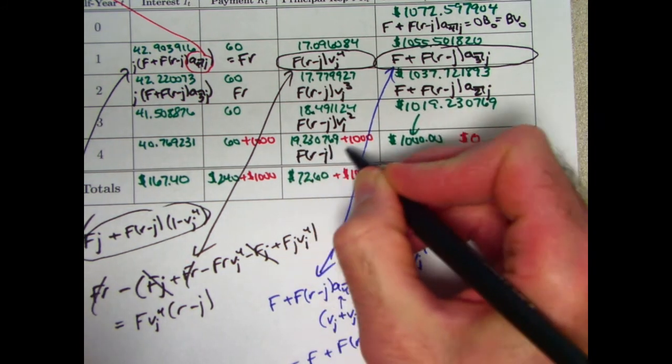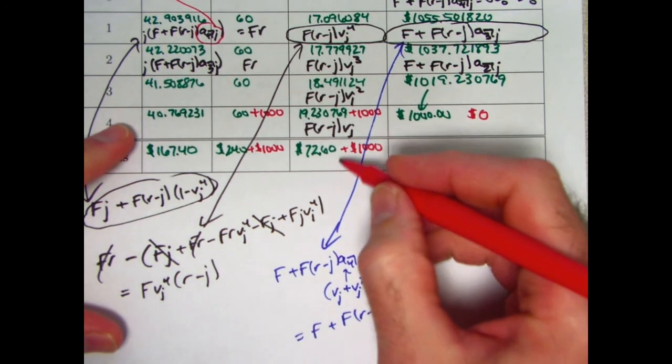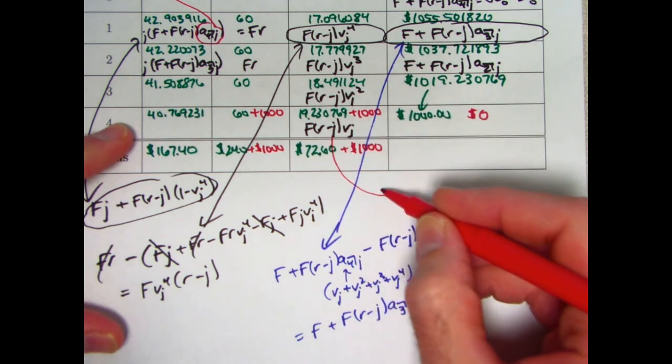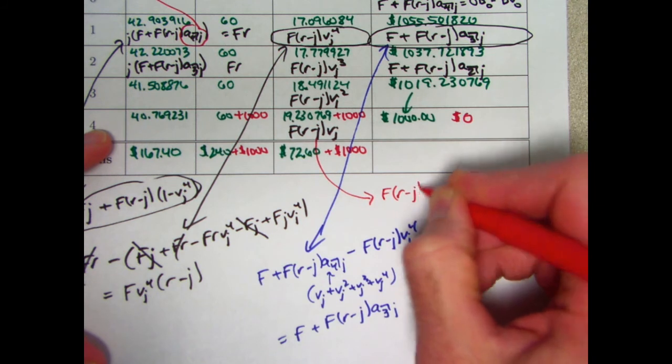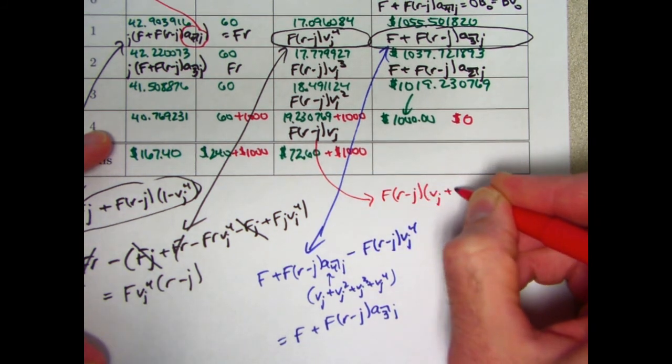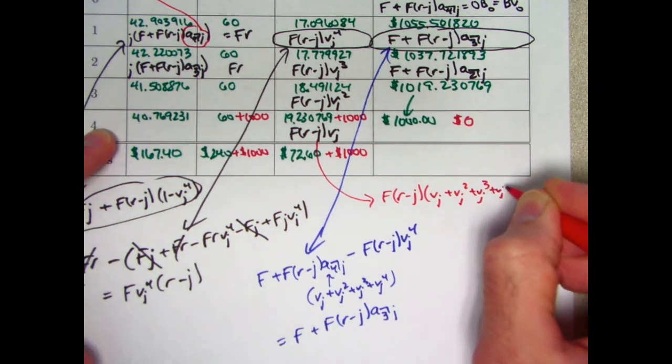Let's see, if we add up these principal repaid things here, which I don't even have to do the adding because I'm going to see a pattern here. Add up those things, you're going to get f times r minus j times vj plus vj squared plus vj cubed plus vj to the fourth.